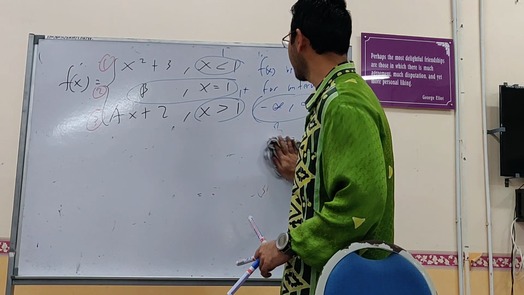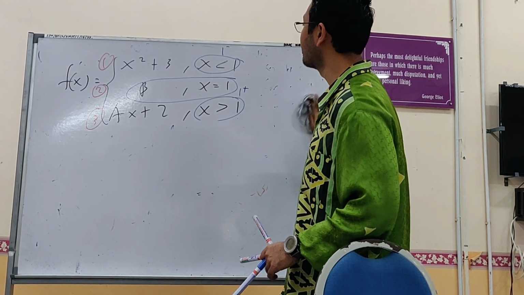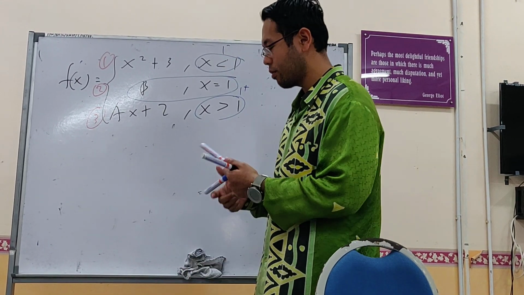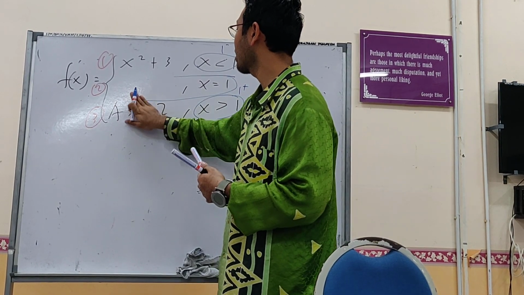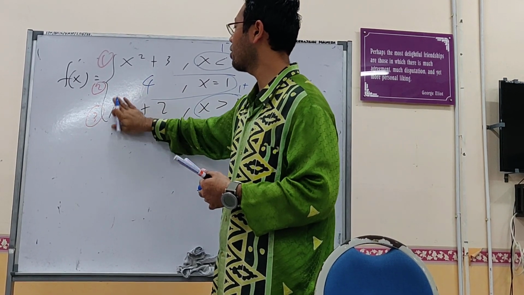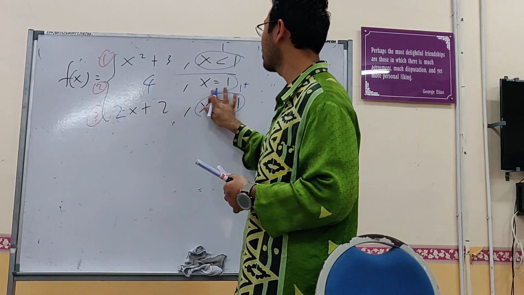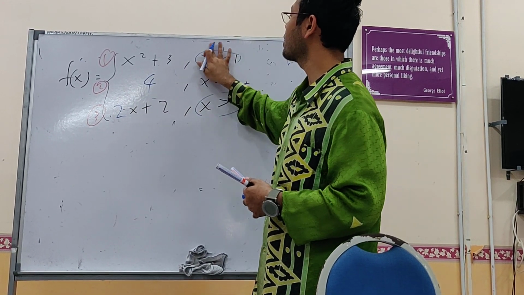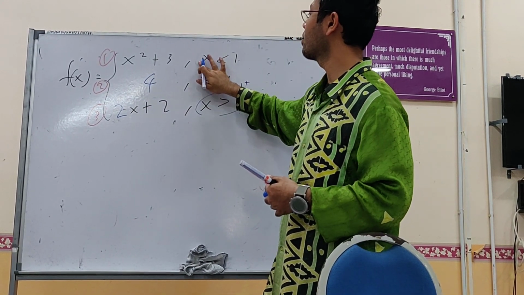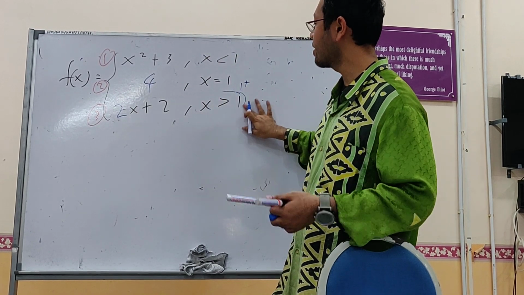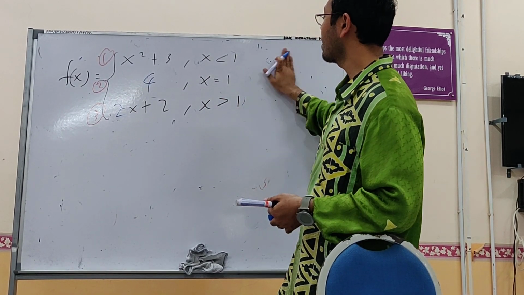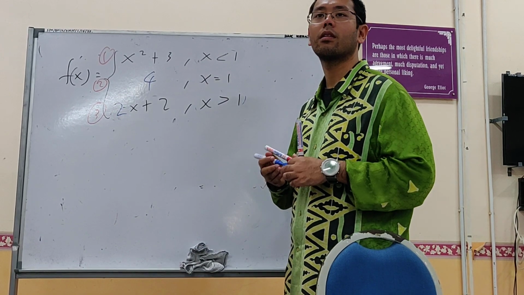The second part of the question is what mostly kills people. Now we got this one is 4, this one is 2. Now sketch the continuous graph. Basically, the question says sketch this f(x) graph.